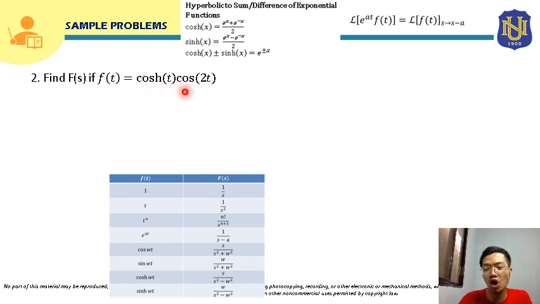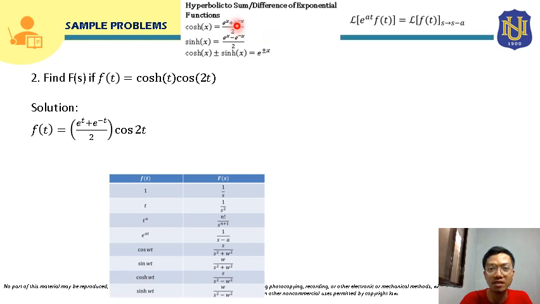So our option here is that we can transform cos t into its equivalent exponential function, a sum or difference of exponential functions. If we convert cos t, that will just become e raised to t plus e raised to negative t over 2. So that's the equivalent of cos t.